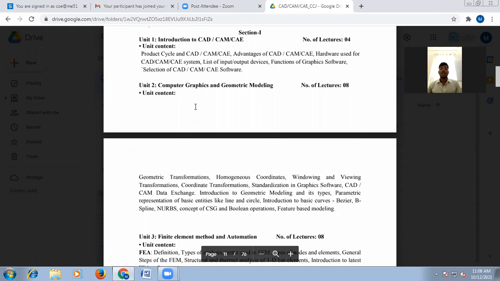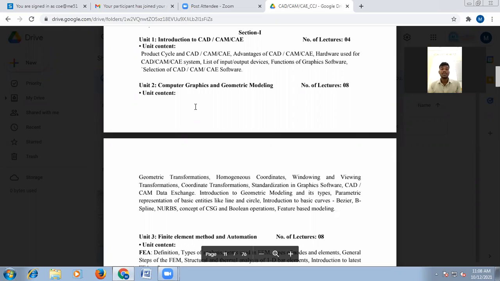ठीक आहे, पुढे आहे इंट्रोडक्शन टू जिओमेट्रिक मॉडेलिंग अँड इट्स टाइप्स. आता ऍक्च्युअल मॉडेलिंग कसं करायचं, एखाद्या सॉफ्टवेअरवरती ऍक्च्युअल मॉडेलिंग कसं करायचं त्याचे डिटेल्स ह्याच्यामध्ये आहेत जिओमेट्रिक मॉडेलिंग मध्ये. म्हणजे तुम्ही एखादी जिओमेट्री तुम्हाला ड्रॉ करायची आहे सॉफ्टवेअरवरती, देन first question comes in your mind, how to start.